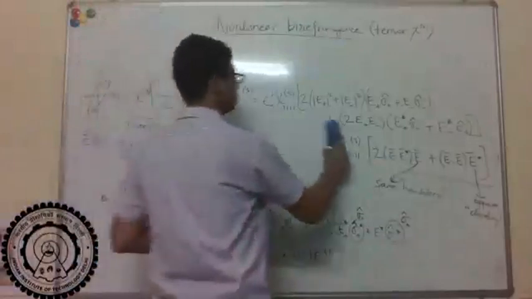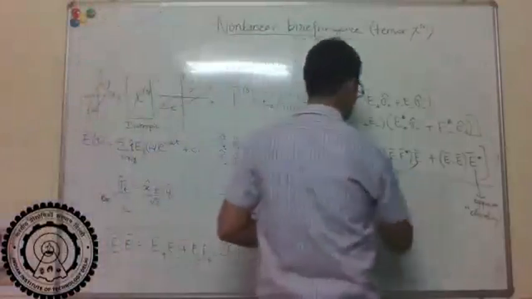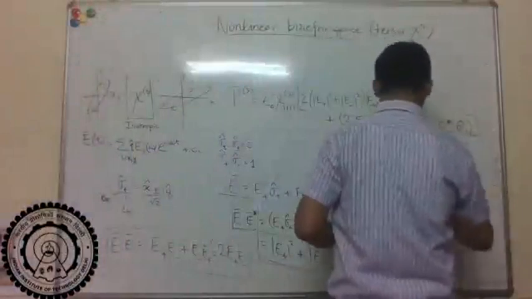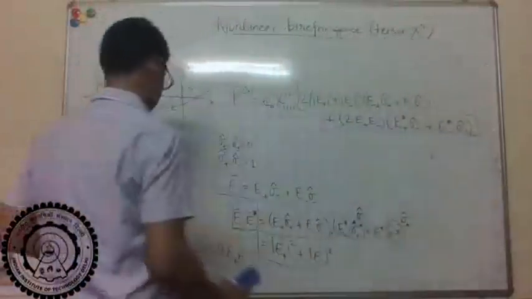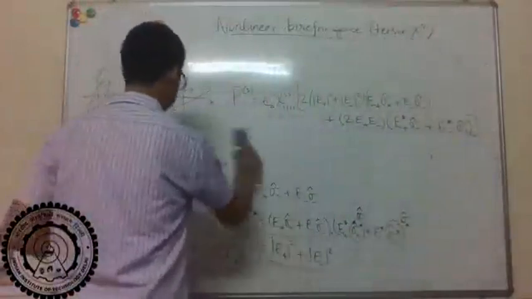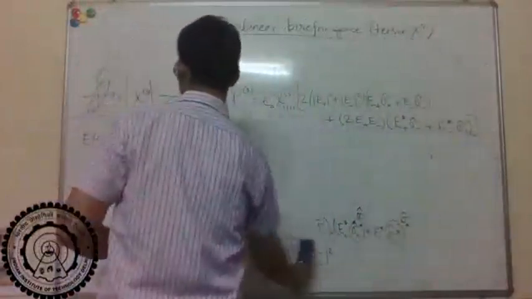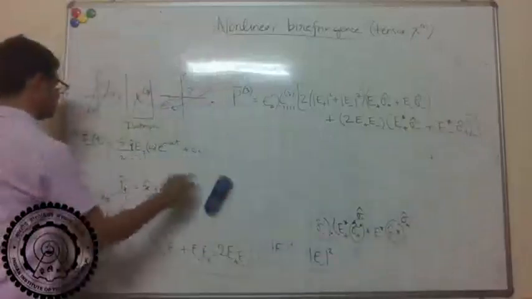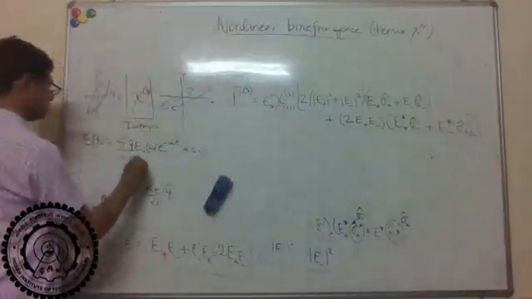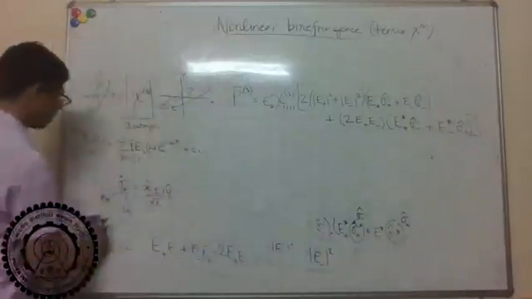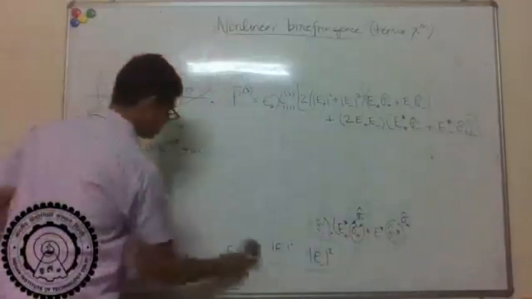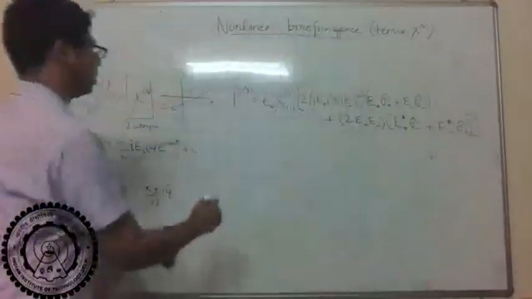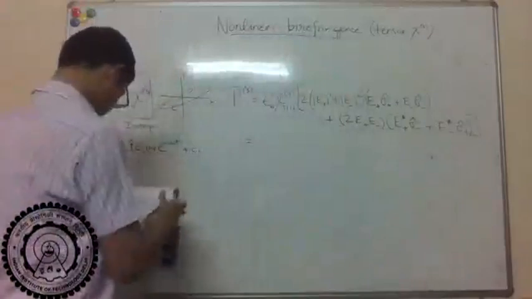So we want to collect the sigma plus terms together and the sigma minus terms together. We'll rewrite this.